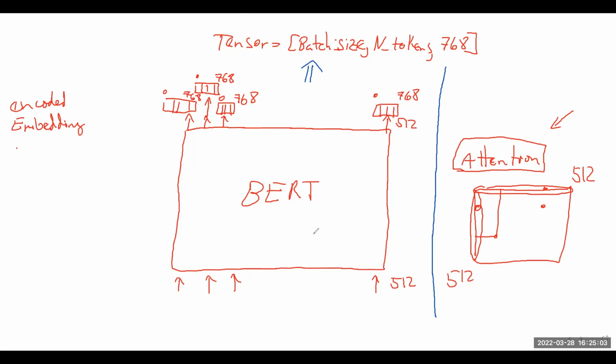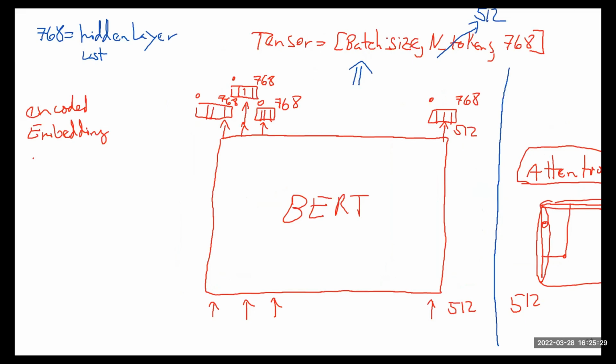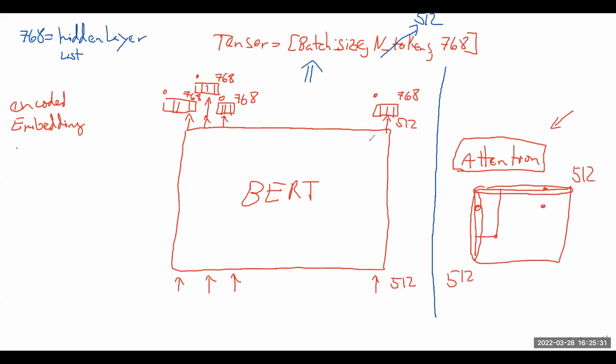All right, so now this is the architecture of BERT. 768 is the hidden size. So it's the last hidden layer of the neural net. N tokens, let's just say is 512. Okay, 512. All right. So those are kind of like the mechanics of it.